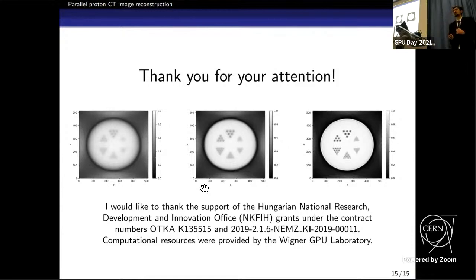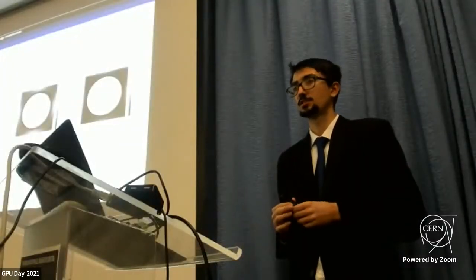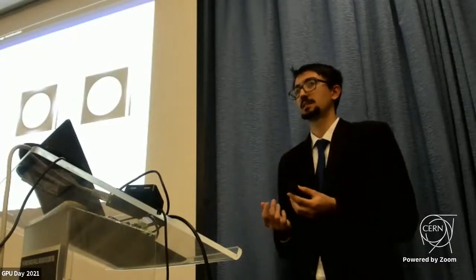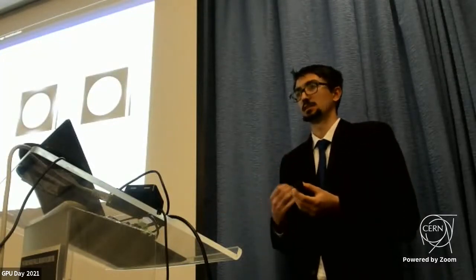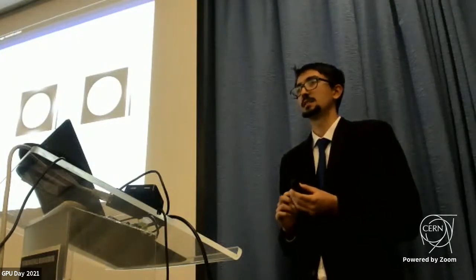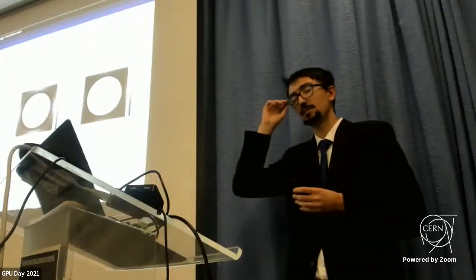By my knowledge, regular CT images are reconstructed based on integral transformations. And I use image reconstruction techniques based on statistical motivation, so based on this maximum likelihood theory. These are really different kinds of algorithms, and there are two main differences.